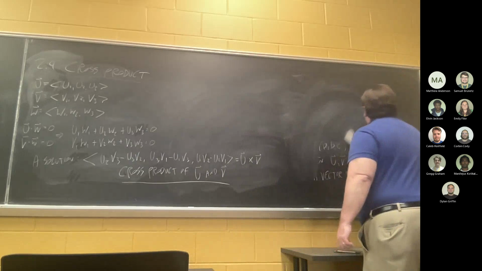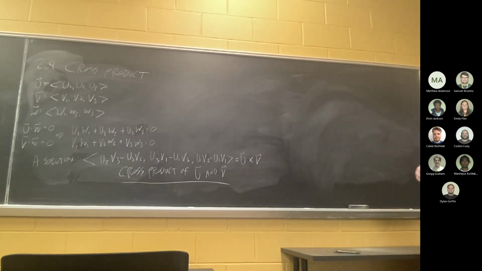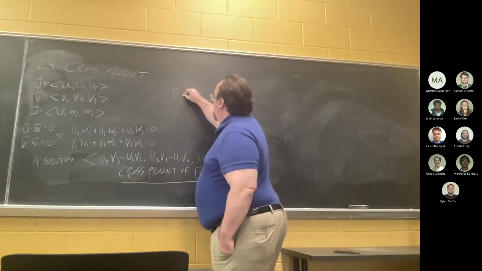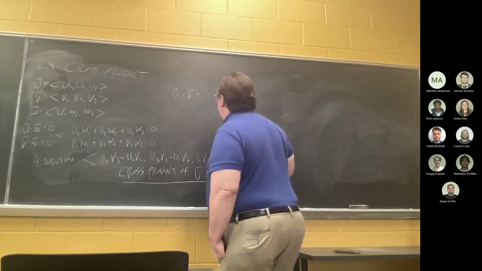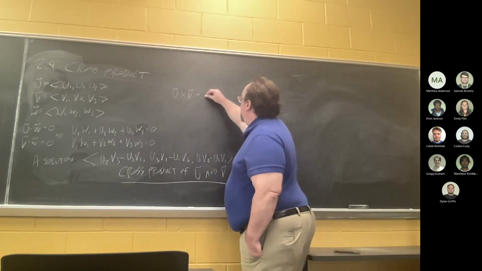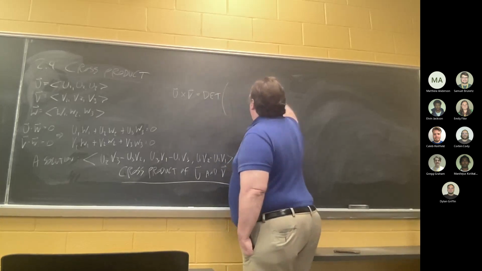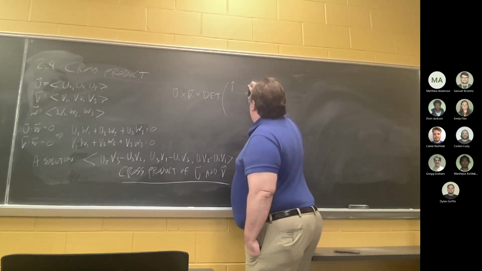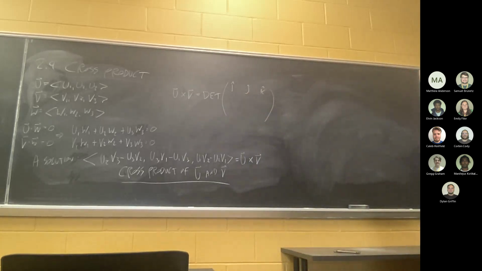Now, a commonly used way of working this out is that it is the determinant of this matrix, where I put the vectors i, j, k, the standard basis vectors, to fill the top row.